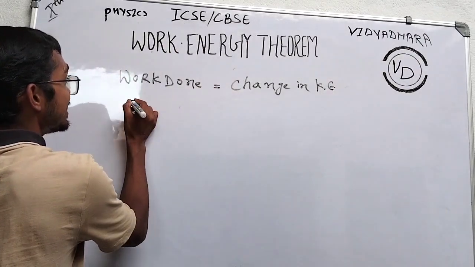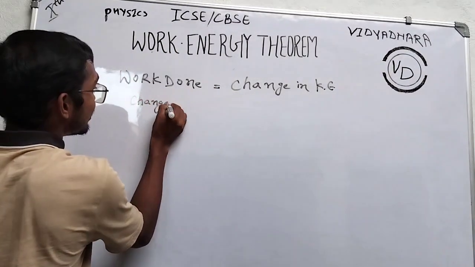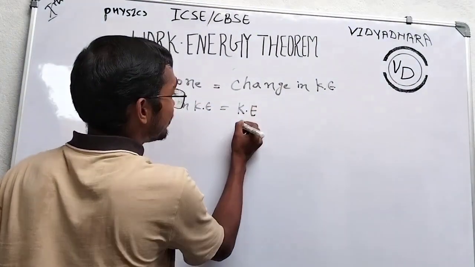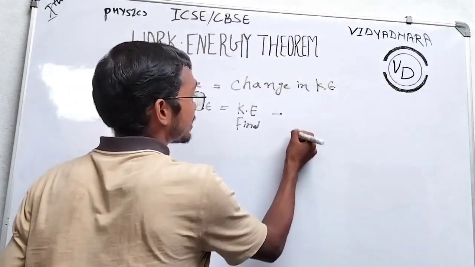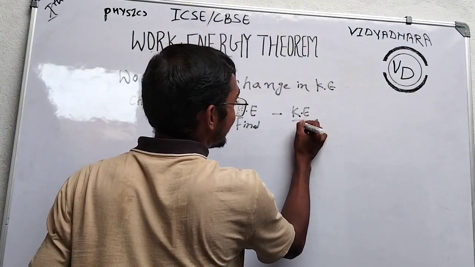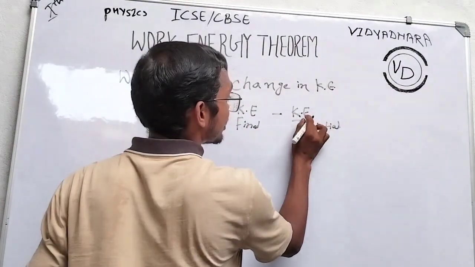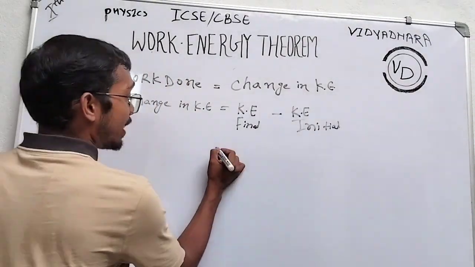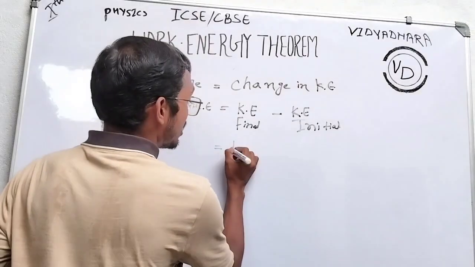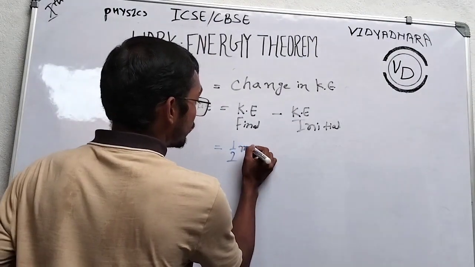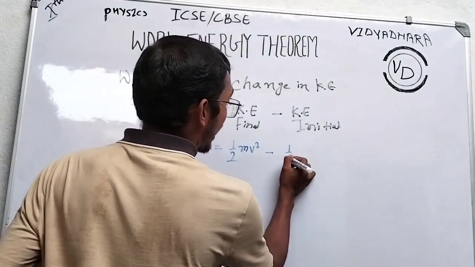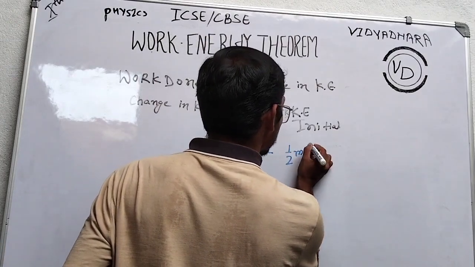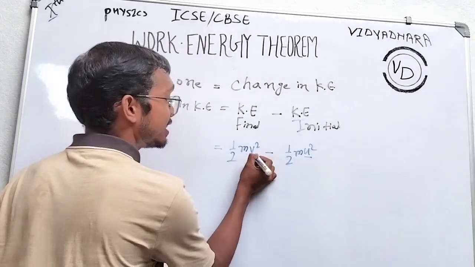So the right side is the change in kinetic energy, which is equal to kinetic energy final minus kinetic energy initial. Okay, dear students. What do we know about kinetic energy? That means half m v square minus half m u square. Initial is velocity u, final is velocity v.